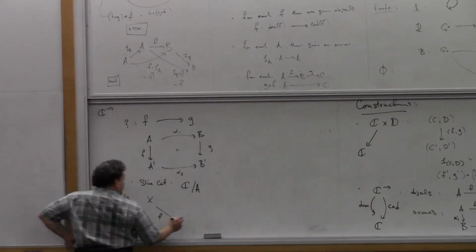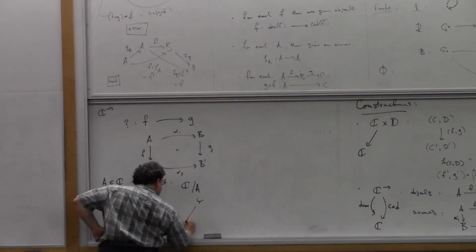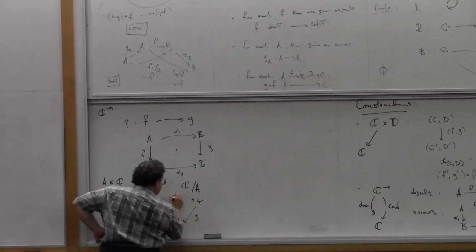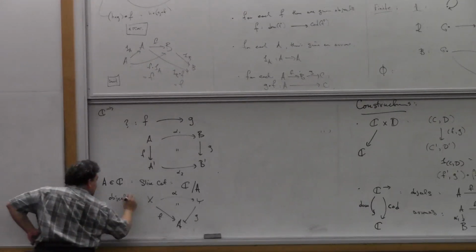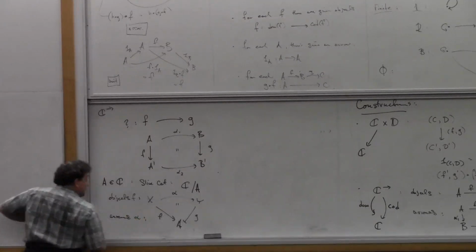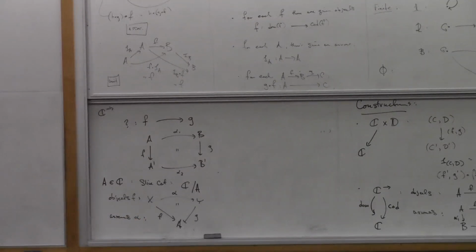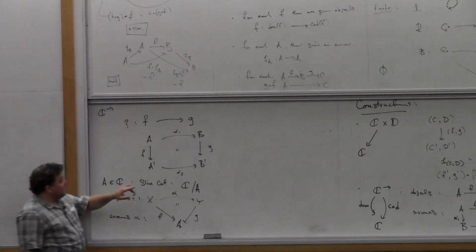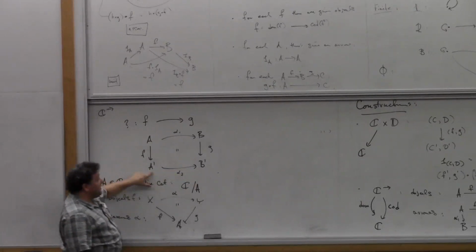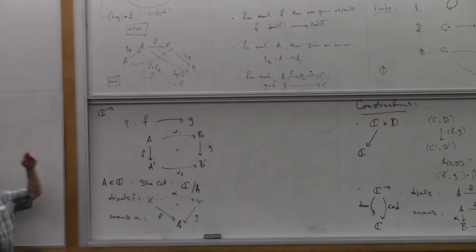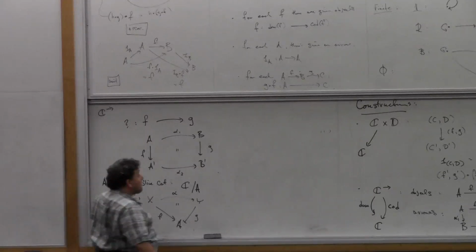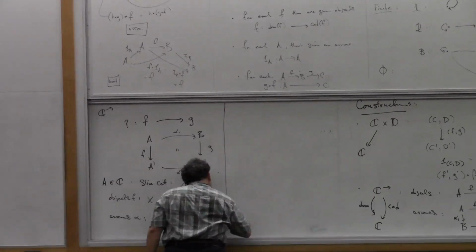And as arrows, it has commutative triangles. The objects are the F's, and the arrows are the alphas. So instead of the rectangle, we just require, you could think of it as requiring this to always be the identity map down here. And then this is a special case of that. Okay, and then it's a category for the same reason as the other one is a category.